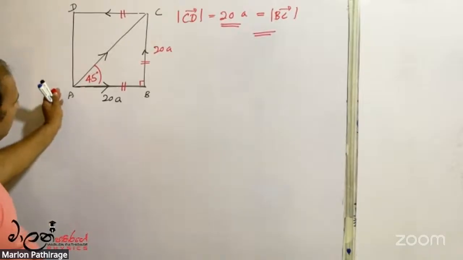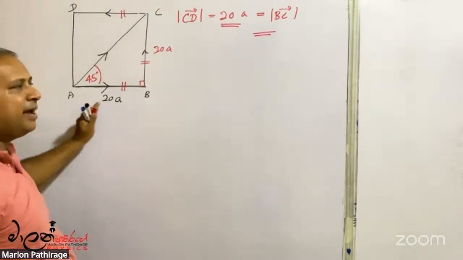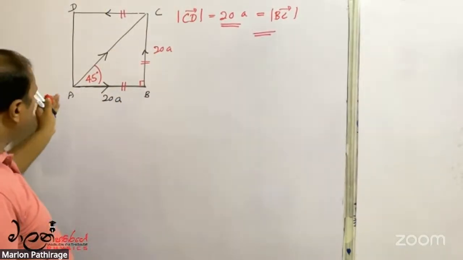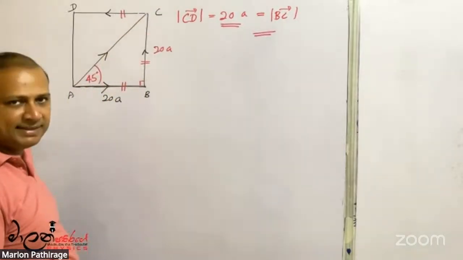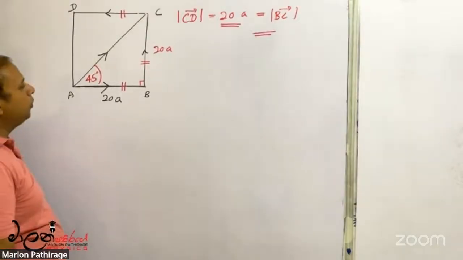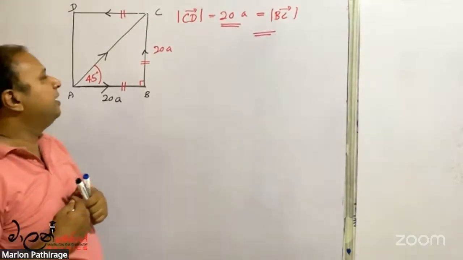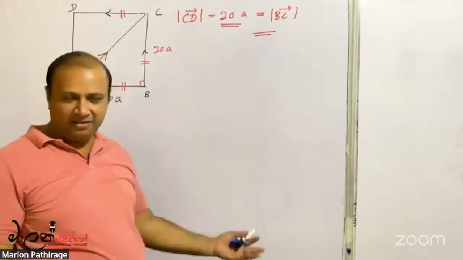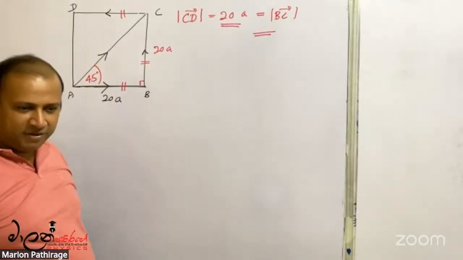Then this is a right angle triangle. Therefore you can determine the value of AC using Pythagoras law, or you can use trigonometric ratios.